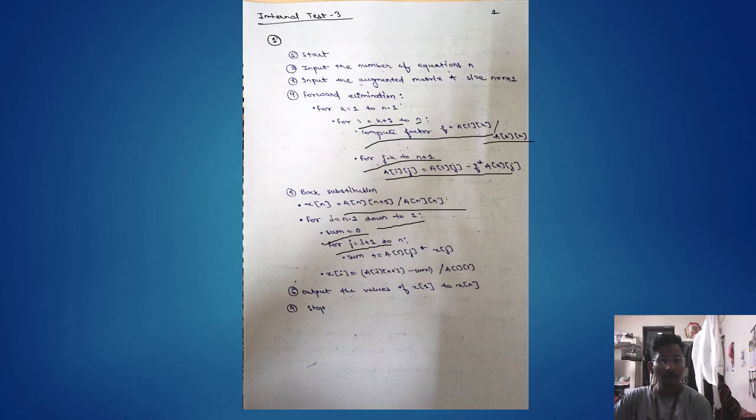Applying another loop for j equal to i plus 1 to n, the sum adds a[i][j] times x[j], and x[i] is equal to a[i][n+1] minus the sum, divided by a[i][i]. Output the values and end of algorithm.